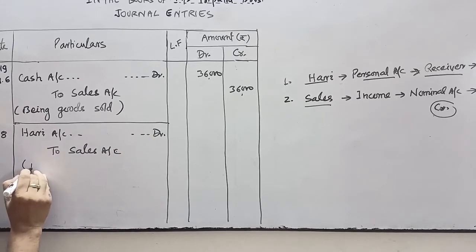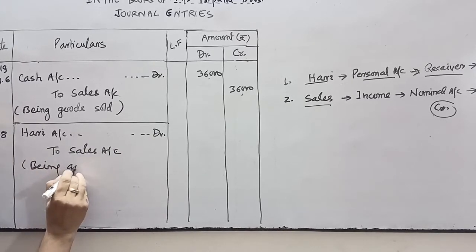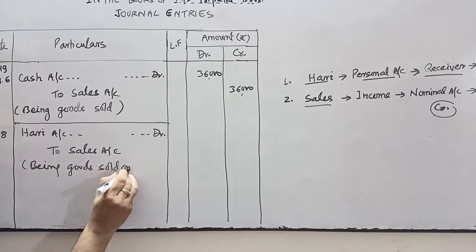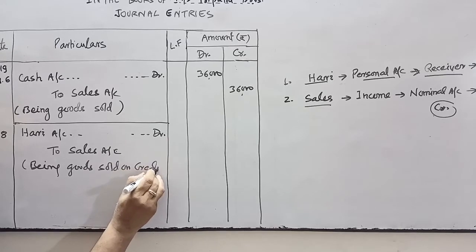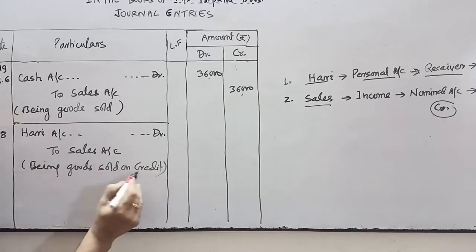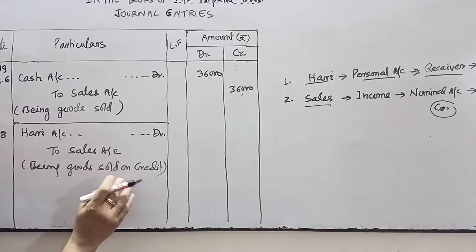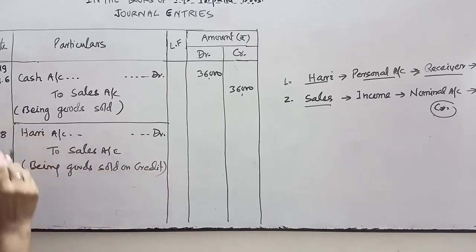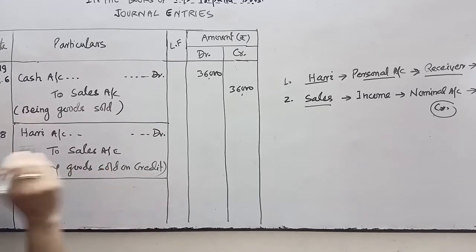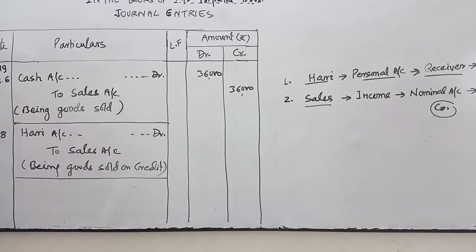What do we write over here in the narration, in the explanations? Being goods sold on credit. Narration is clear. Being goods sold on credit, it is credit, that's why Hari account is debited over here. If it is goods sold for cash, then cash account will be debited. Now this area will be closed. So the amount is 30,000.